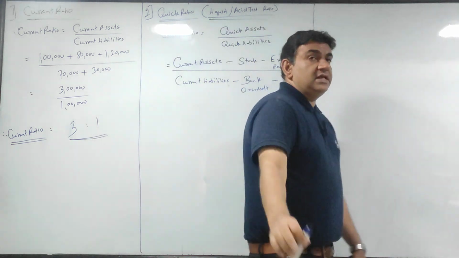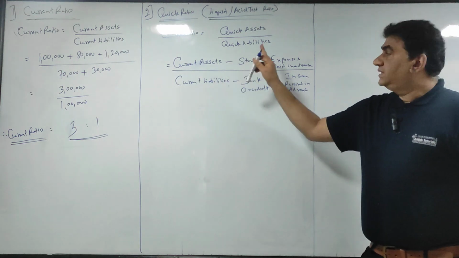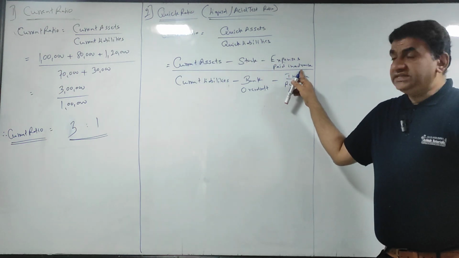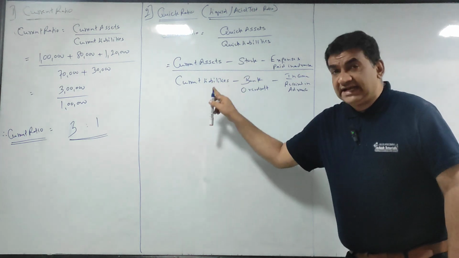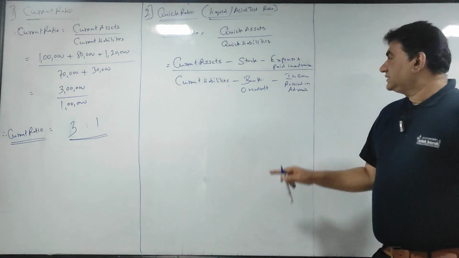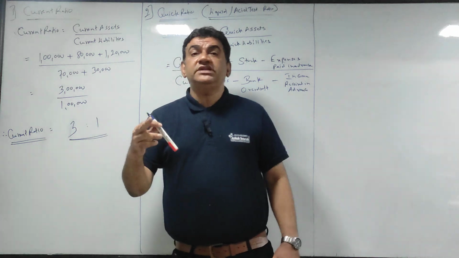I'll repeat. Quick asset means current assets minus stock minus expenses paid in advance upon quick liability means current liability minus bank overdraft minus income received in advance. Now see why we use it as quick.